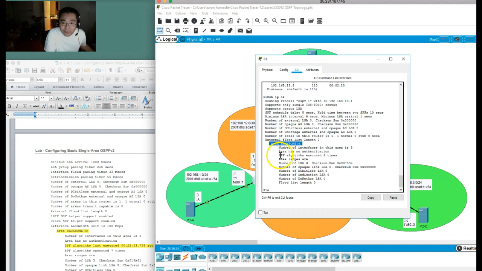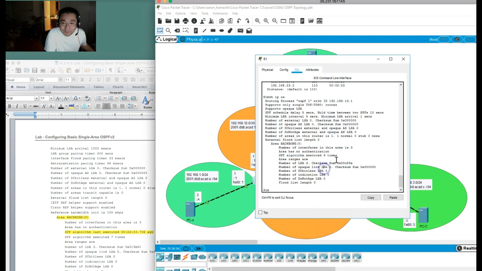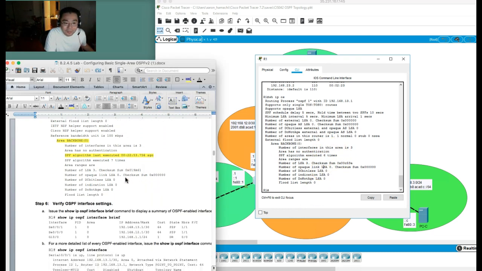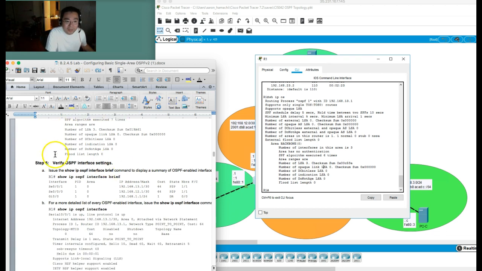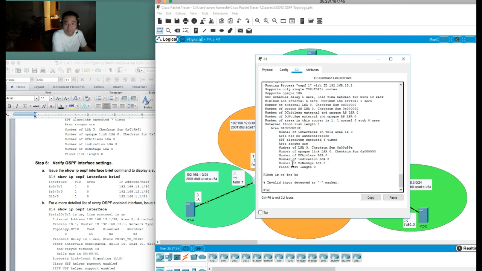And the shortest path algorithm was executed a few times. Okay, and then to show OSPF interfaces, we do this. Show IP OSPF interface brief.